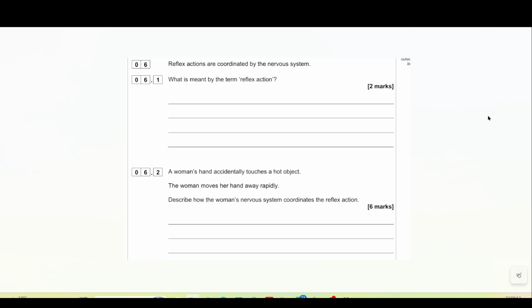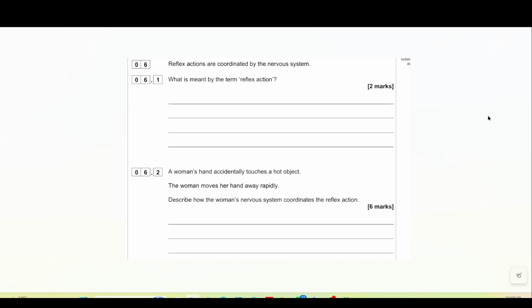It is a rapid response to a stimulus in order to protect the body from harm.